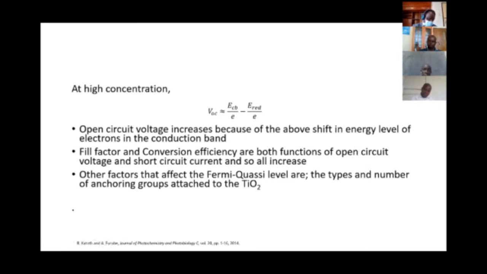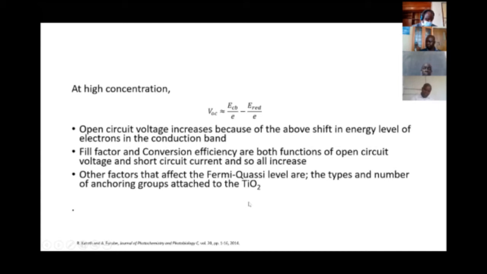We also note that fill factor and conversion efficiency are both functions of open circuit voltage and short circuit current, and so they will also increase. So we conclude therefore that the main reason for the increase in VOC is the shift in the Fermi level of electrons in the conduction band of TiO2.